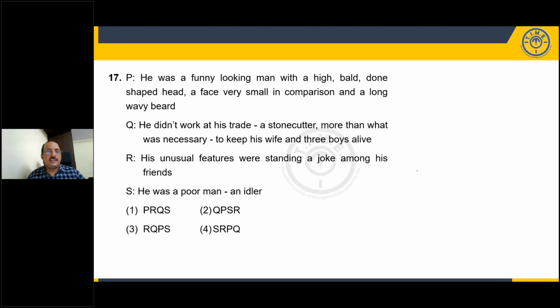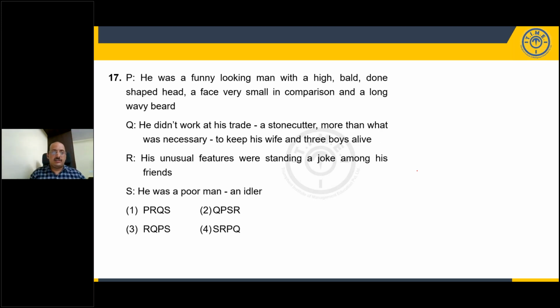He was a funny-looking man with a high, bald, dome-shaped head, a face very small in comparison, and a long, wavy beard. So he's talking about his description. He didn't work at his trade, a stone cutter, more than what was necessary to keep his wife and 3 boys alive.